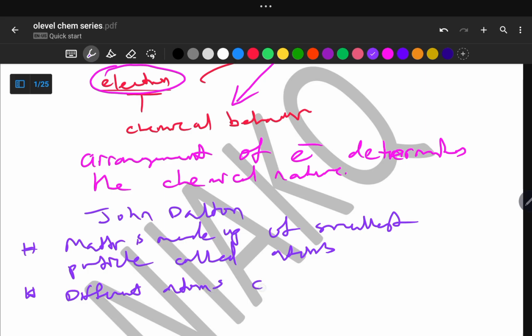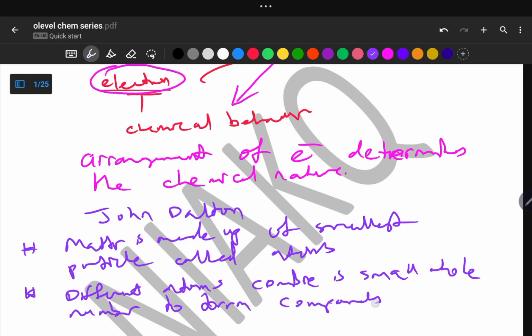And then the second one: different atoms combine in small whole numbers to form compounds, right?